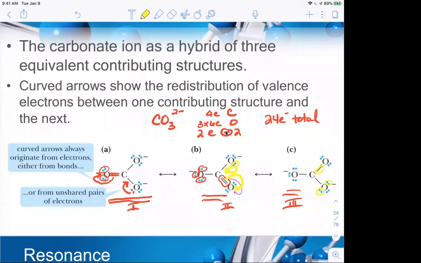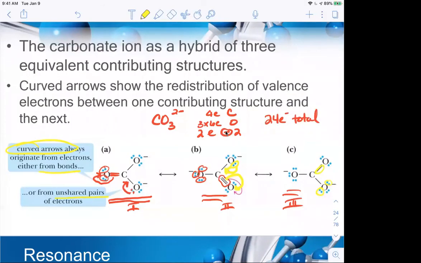It takes a lot of practice. Practice with your homework. Look at those individual lectures where I did go into more detail in the other folder. But just recognize that I'm going to use these curved arrows all the time. And my arrows can either originate from bonds or lone pairs.